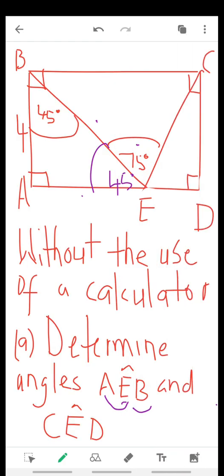Now let's look at CED. This is the angle between line CE and line ED. Okay, CE and ED. So this is the angle that we are talking about. How do you find that angle? We notice that these three angles lie on a straight line. Therefore, I can find CED using that.